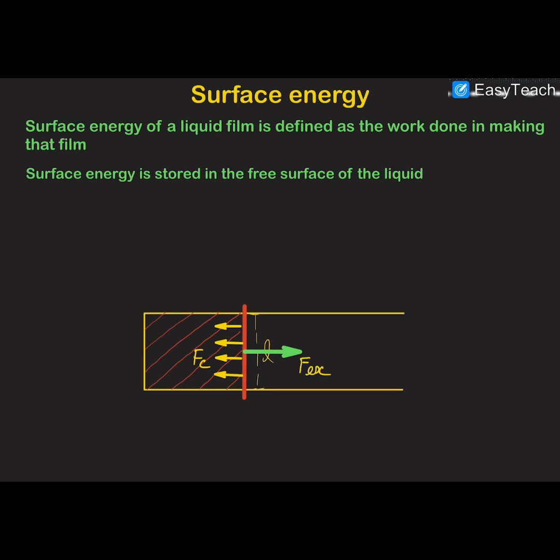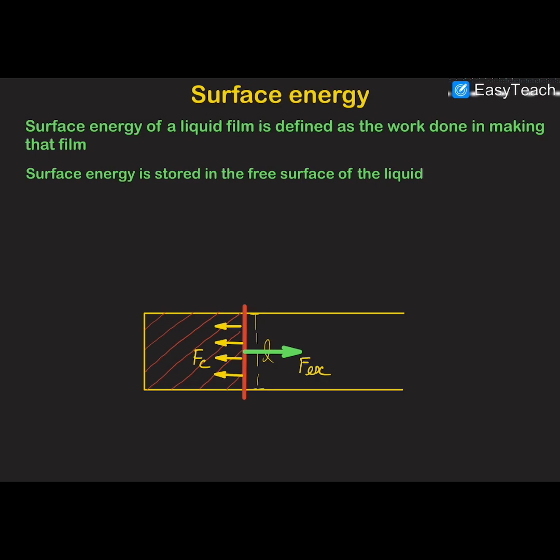Let us imagine that there is a U-shaped wire frame, and there is a movable wire. This wire is movable, and it is at this point initially, and we have immersed this complete system into a soap solution.